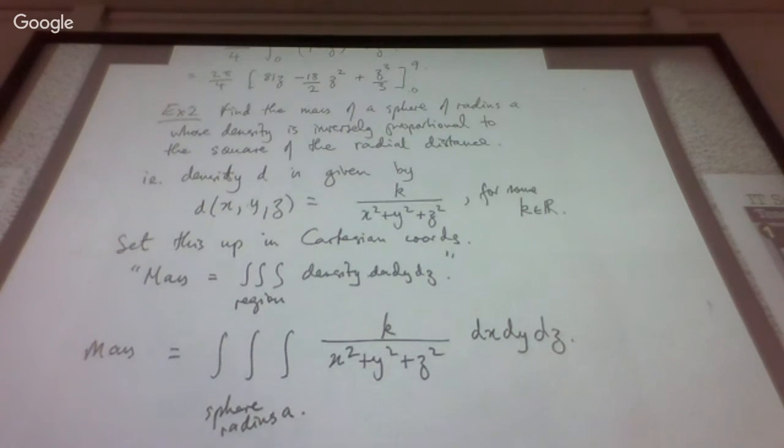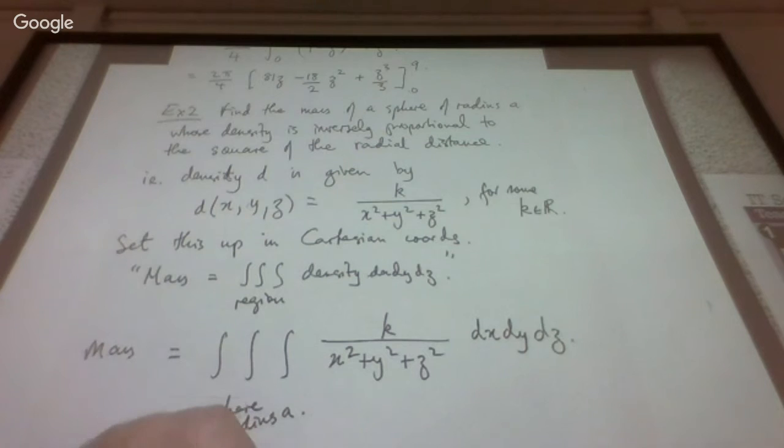Okay, now there's lots about this integral that says we shouldn't try and just stay within the Cartesian coordinate system, because the region that we're integrating over, sphere of radius A, is going to be a lot easier to describe using spherical coordinates. And the function we're integrating as well is very spherical.